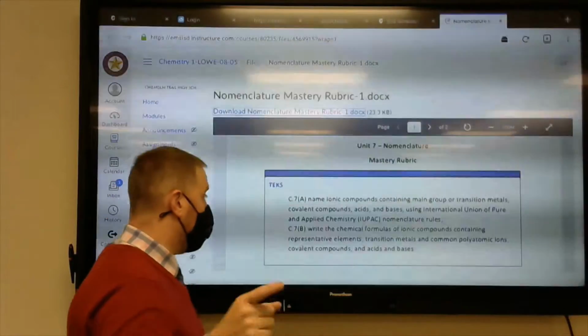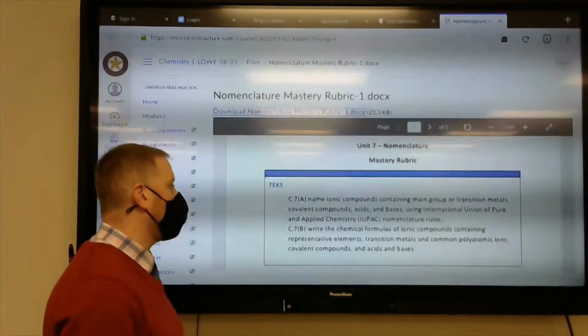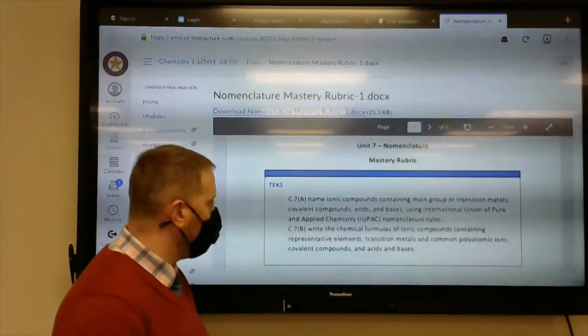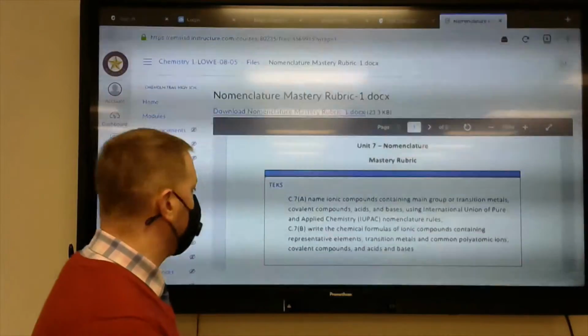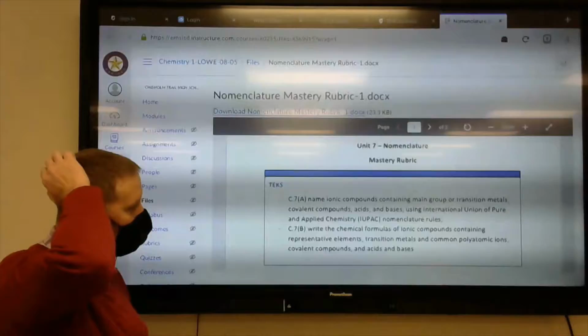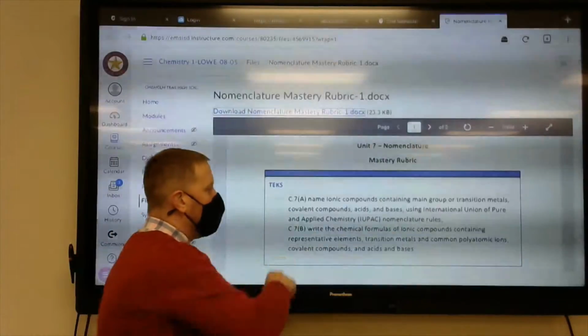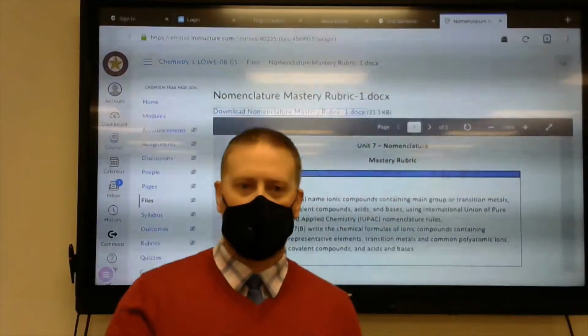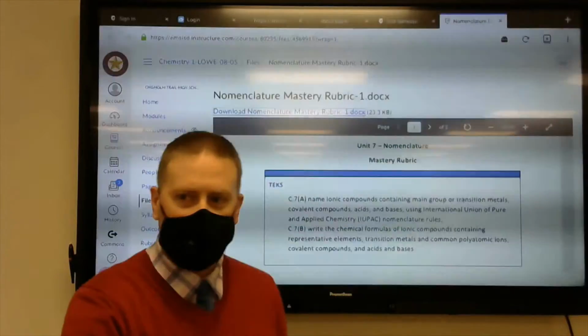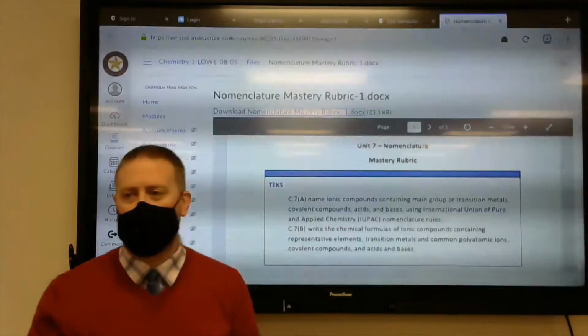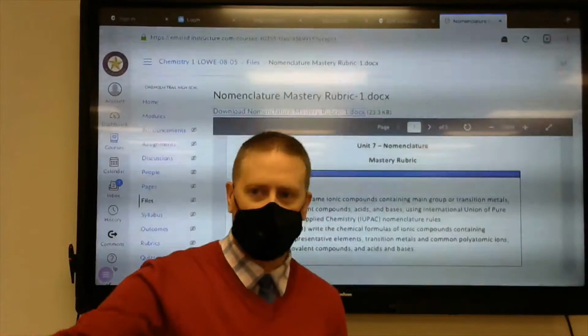The other state standard was to write chemical formulas of ionic compounds containing representative elements, transitional metals, and so on. So one state standard was about naming the compounds, and the other is about writing the chemical formulas.